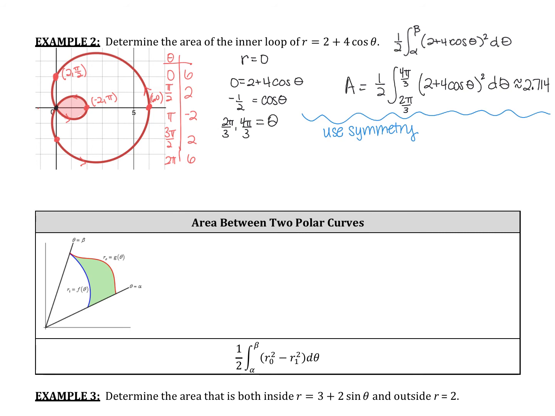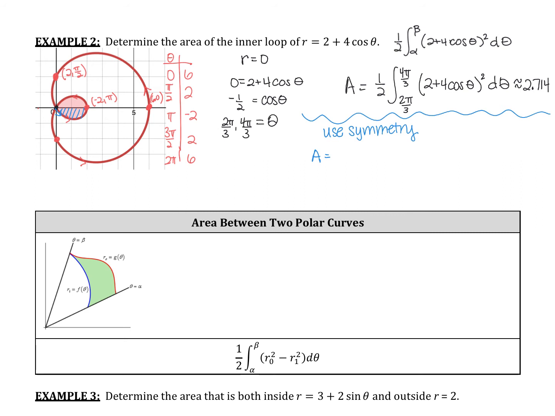What if I work on the first values that my function comes to? Remember, this graph comes around this way, goes under here, and then comes up around the top part of the loop.